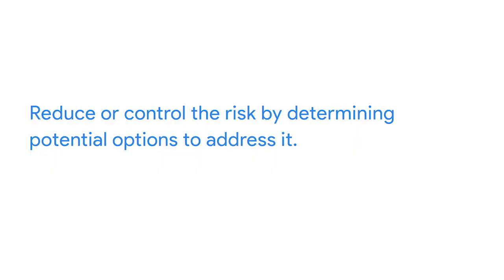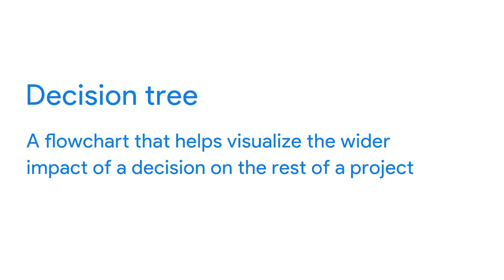Another way to mitigate a risk is to reduce or control it. Personally, I like to use a decision tree when building mitigation plans. A decision tree is a flowchart that helps visualize the wider impact of a decision on the rest of your project. For example, you decide to hire the contractor with a reputation for missing deadlines because you know they do great work.